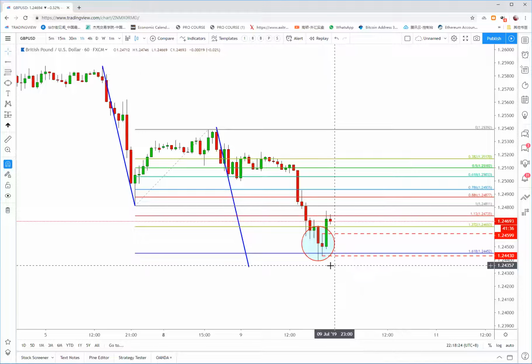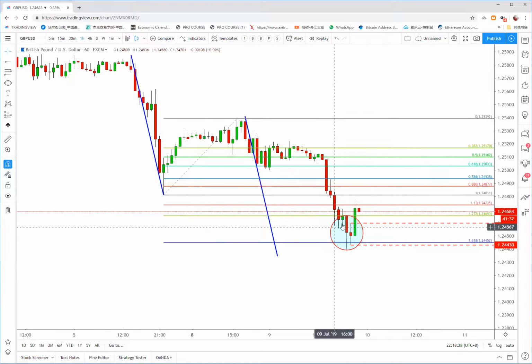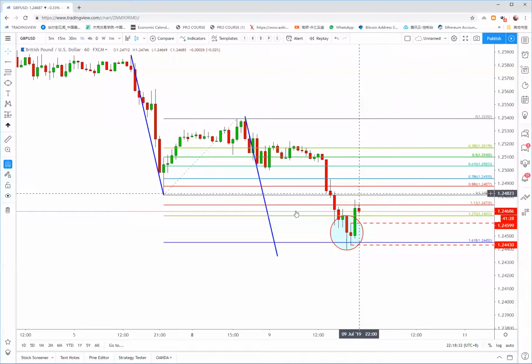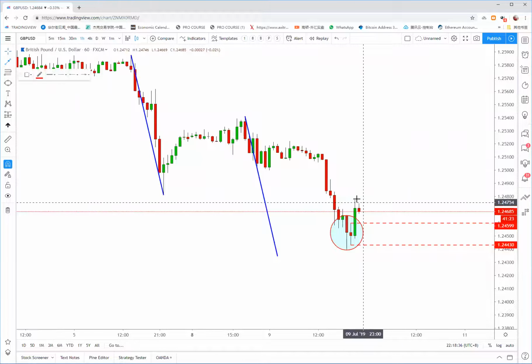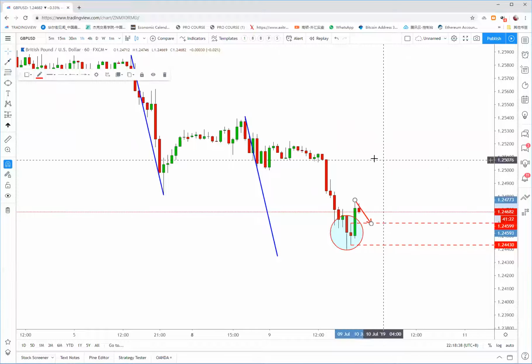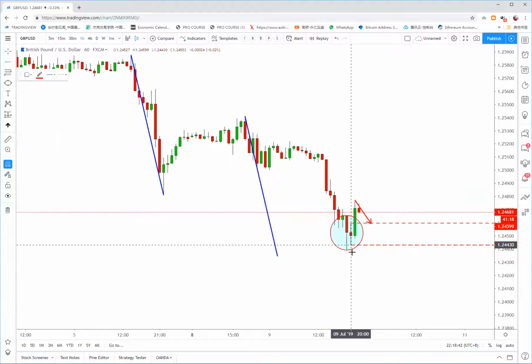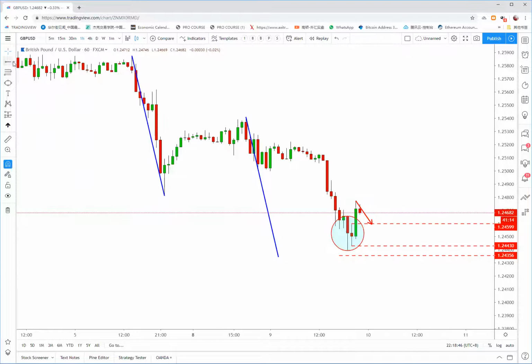So if you haven't traded sterling yet, I think this could be a very profitable trade if you want to take this reversal. Just get ready to buy sterling on the retest of 1.2460, and put your stop loss below 1.2439.